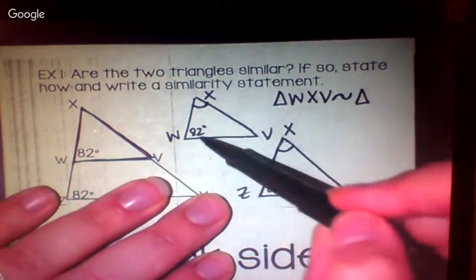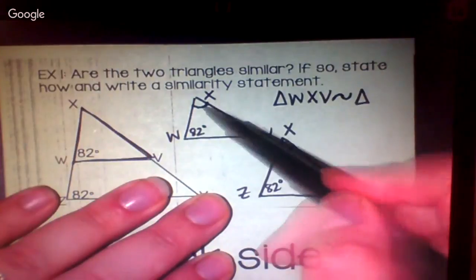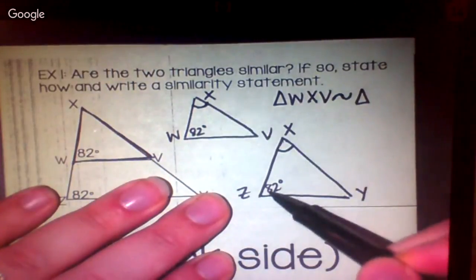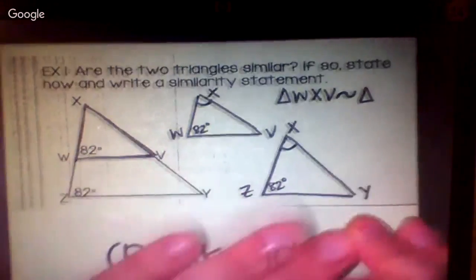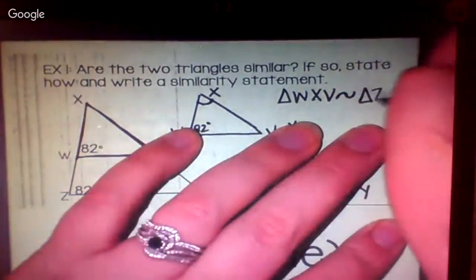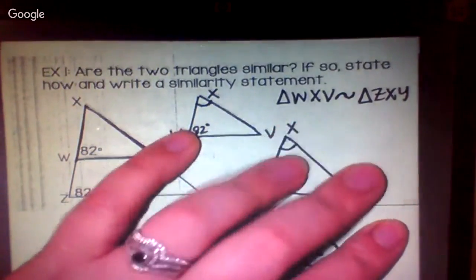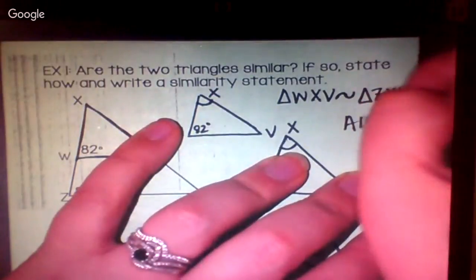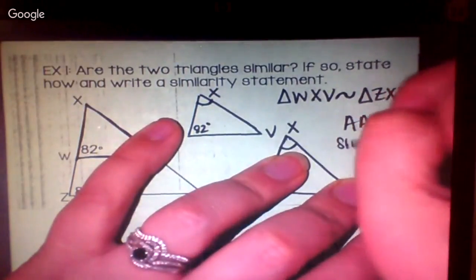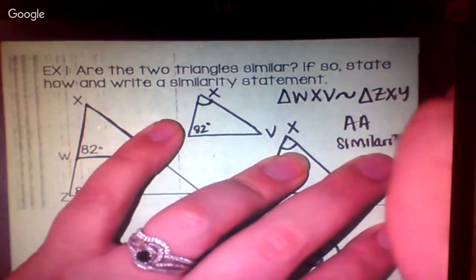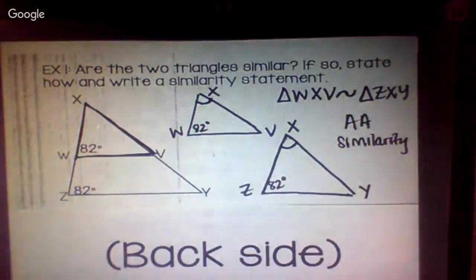ZXY. I went from the 82 to the matching angle to the B, so I have to go from the 82 to the matching angle to the Y. So this is ZXY, and this is the AA similarity theorem. We just proved that with AA similarity.